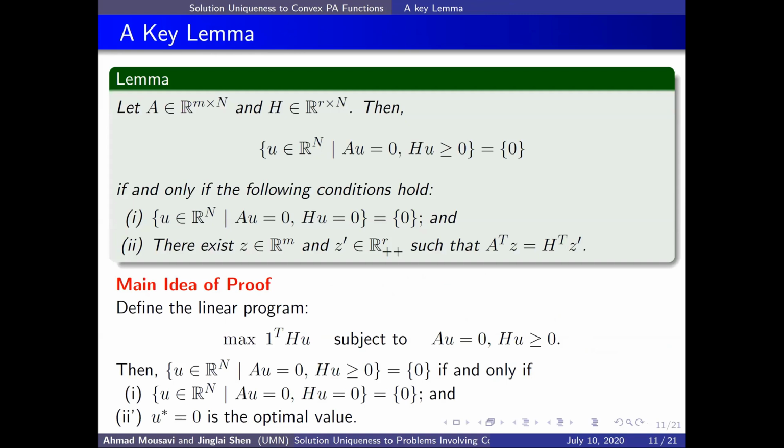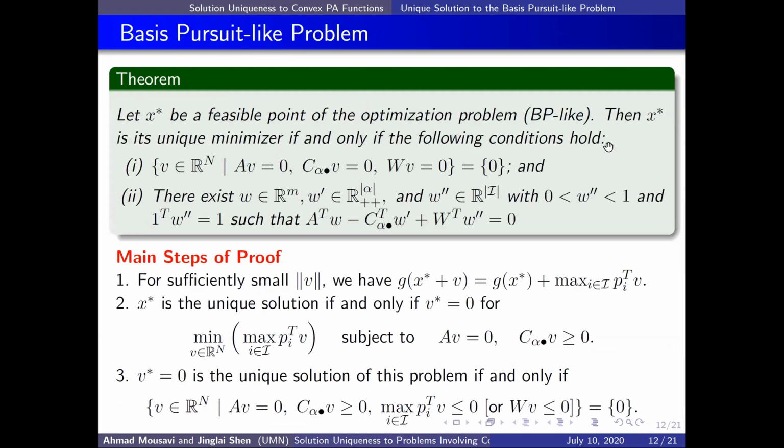You can prove that. Now I want to know if X star is a unique minimizer of this problem or not. The idea is, because my problem is convex, if I want X star to be globally unique, I have to have X star being locally unique.